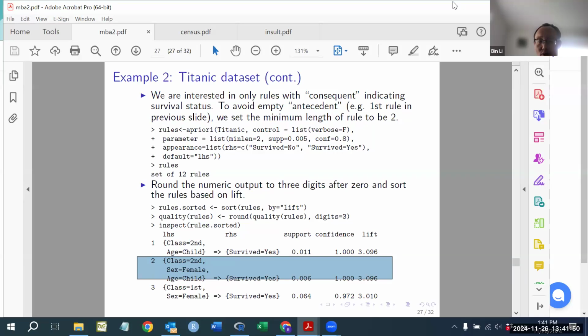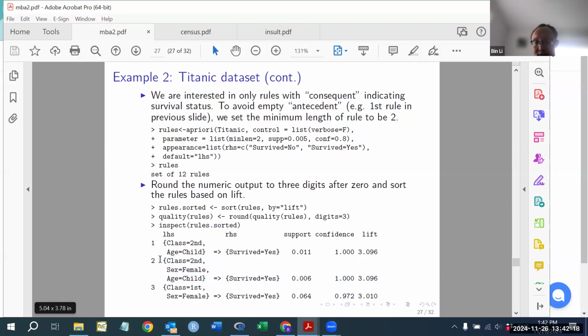Because the first rule already told us that all the children in the second class survived. And the second rule says all the female children in the second class survived, which is redundant, right? So you can see in association rule mining, sometimes we can get those redundant rules. That means we don't have extra information provided.